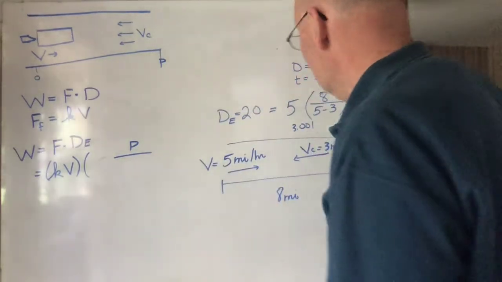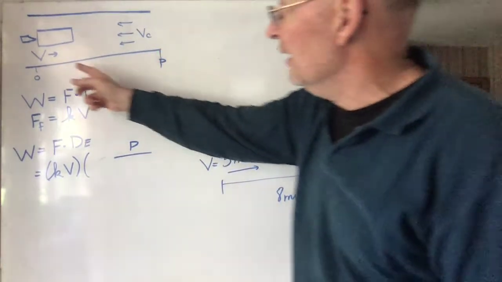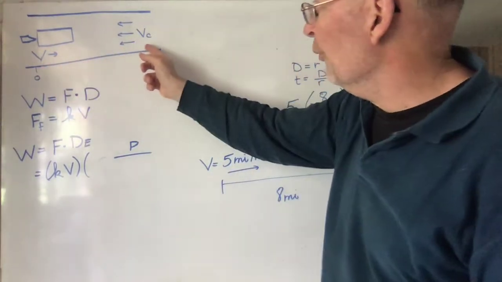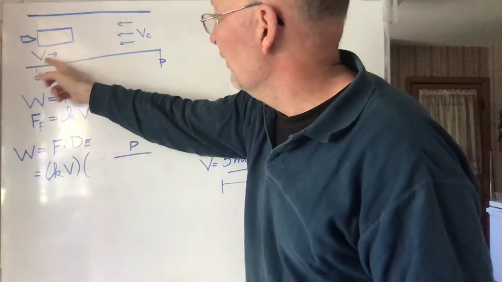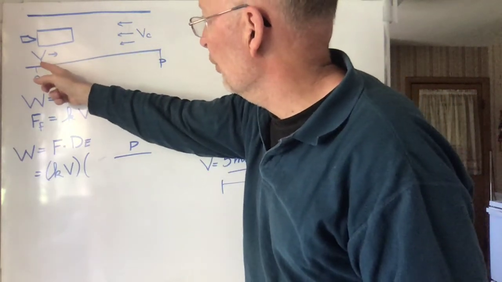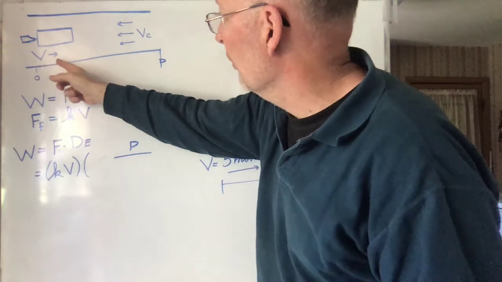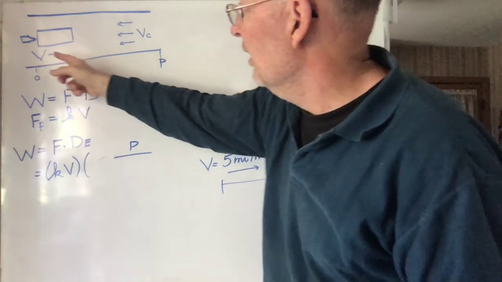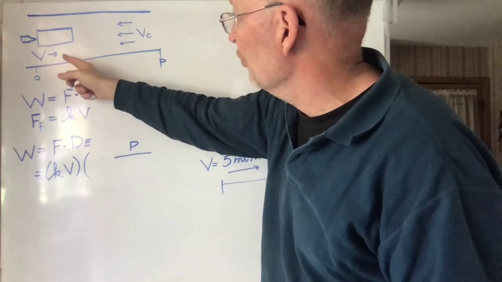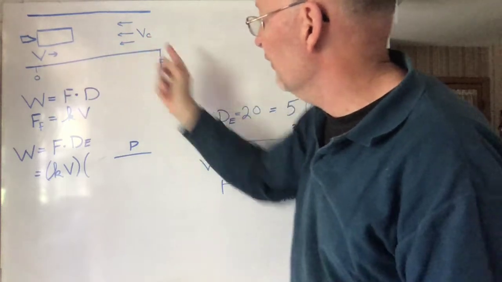You take P, you divide P by the speed with which you are moving up the bank, okay? So you're moving up the bank, up the shore, at a speed of V minus VC.